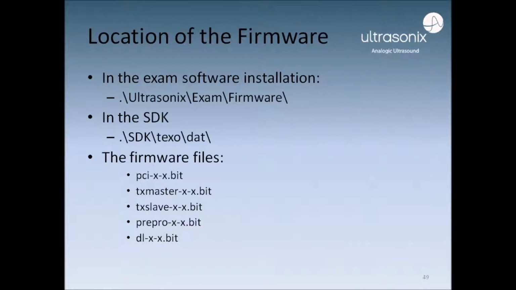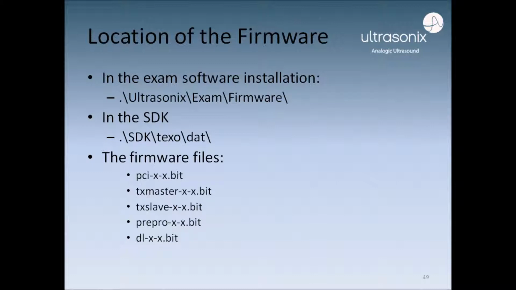If you are curious as to where the actual firmware files are located, in the exam software installation folder, the firmware files are located under ultrasonix/exam/firmware. In the SDK, they can be found under sdk/texo/dat.